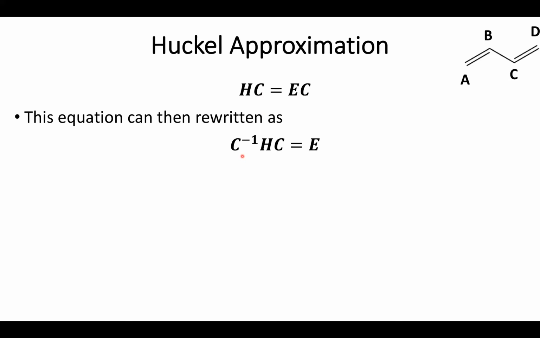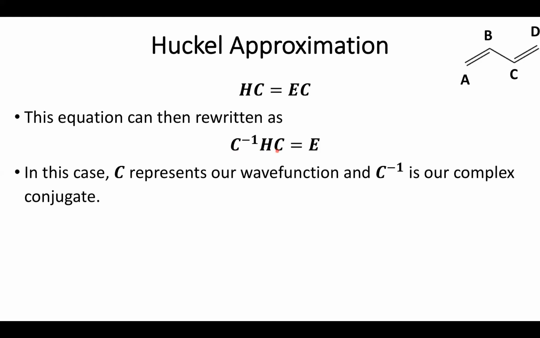But for our purposes, what's actually fairly useful about this is that this form of multiplying a matrix by another matrix and its inverse is another way of saying that I've taken my Hamiltonian times a wave function and its complex conjugate to get my energy out. Now, this actually has two major purposes.